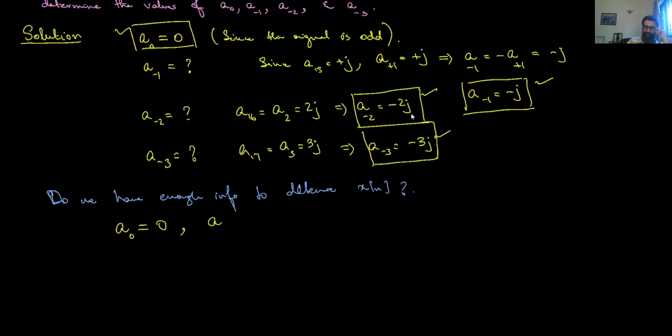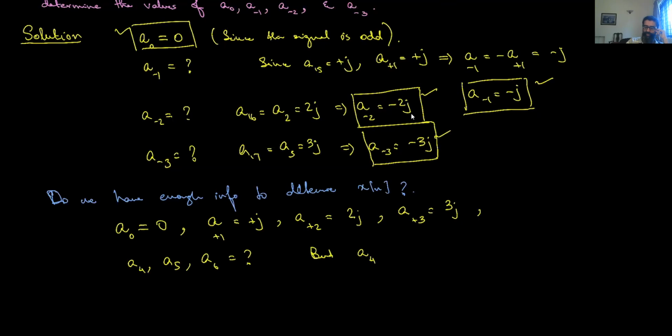So let me just write them out. a plus 1 was j, a plus 2 was 2j, and a plus 3 was 3j, right? And what we don't know is a4, a5, and a6, right? But these can be determined very easily. How? Because of periodicity.